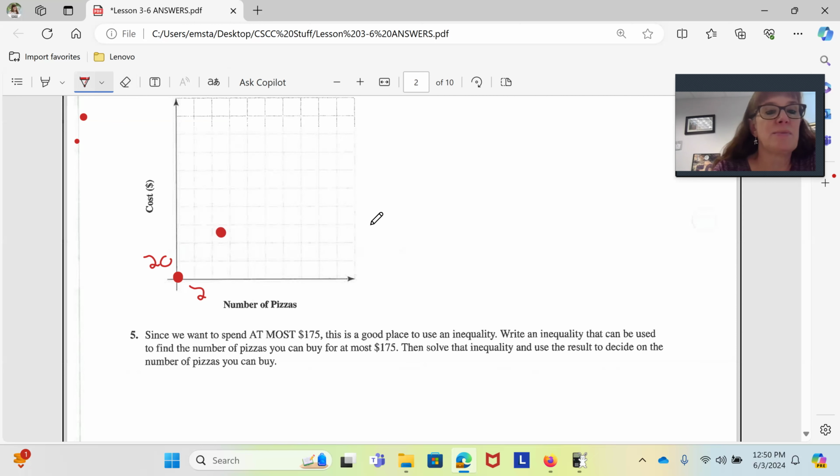And then we know 10 pizzas, so 2, 4, 6, 8, 10 pizzas cost $90. 20, 40, 60, 80, so it should be halfway in between there. 15 pizzas cost us 135, so 2, 4, 6, 8, 10, 12, 14, right past there. And that was 135, so 20, 40, 60, 80, 100, 120, 140, so right in between there.